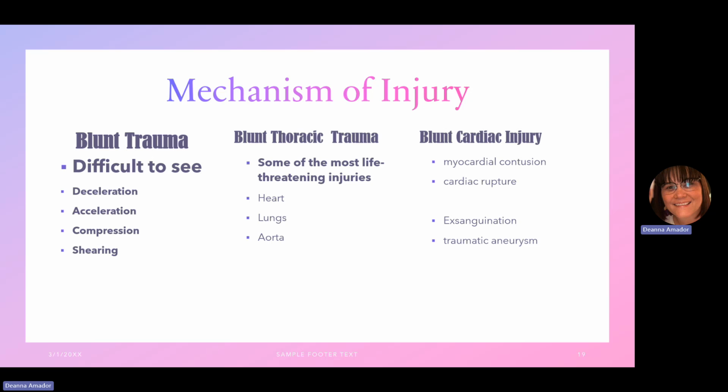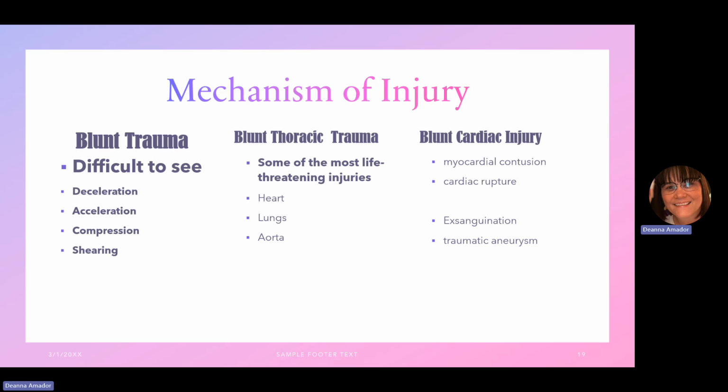So blunt cardiac injuries. You can have a myocardial contusion, cardiac rupture, exsanguination when you bleed to death, or a traumatic aneurysm. So these are some different types of blunt cardiac injury. Again, exsanguination means an extreme loss of blood volume.